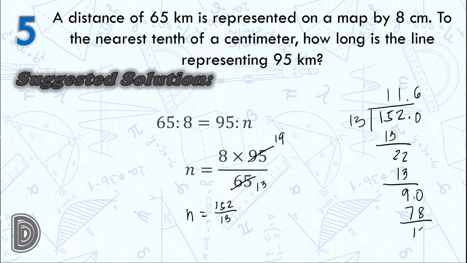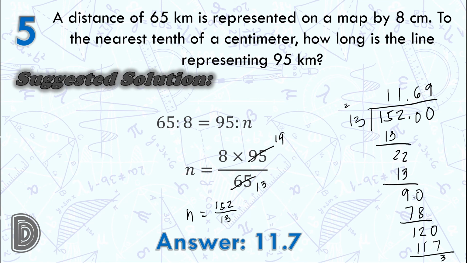Then we have 12, another 0. 120 divided by 13. We have 9. 9 times 3 is 27. 9 times 1 is 9 plus 2, 11. Then we have 3. Hence, to the nearest tenth of a centimeter, the answer is 11.7.